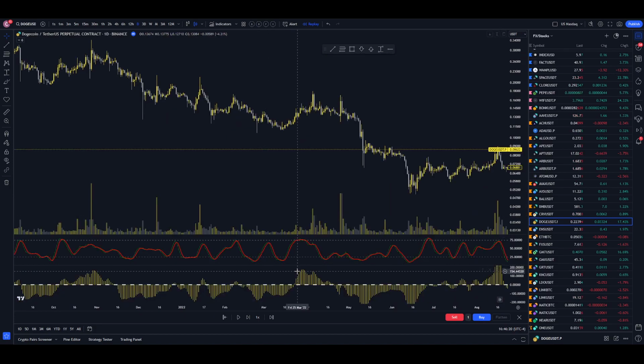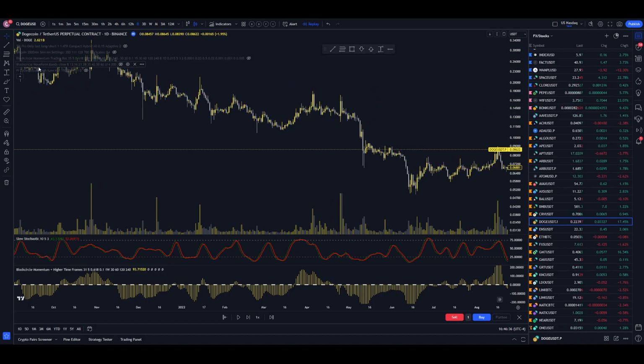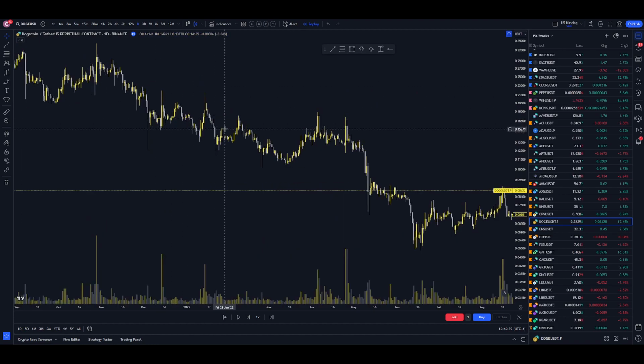That being said, we will use the stochastic, the CCI, our momentum indicator, and the EMAs and moving averages later on to show you how we can use these all in combination to get better risk reward, identify better places to be long and short. But for now, let's just focus on price action. And some people will choose to trade solely based off price action.